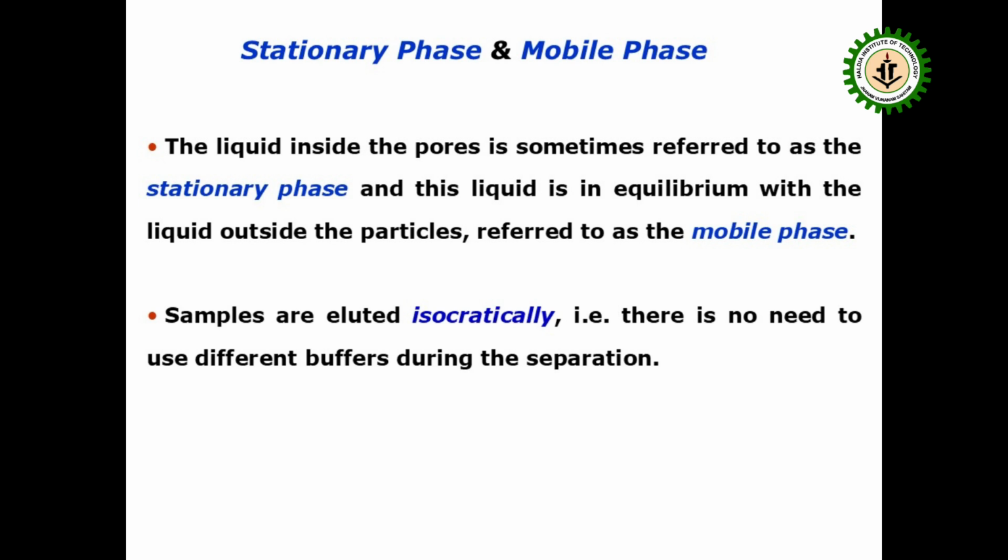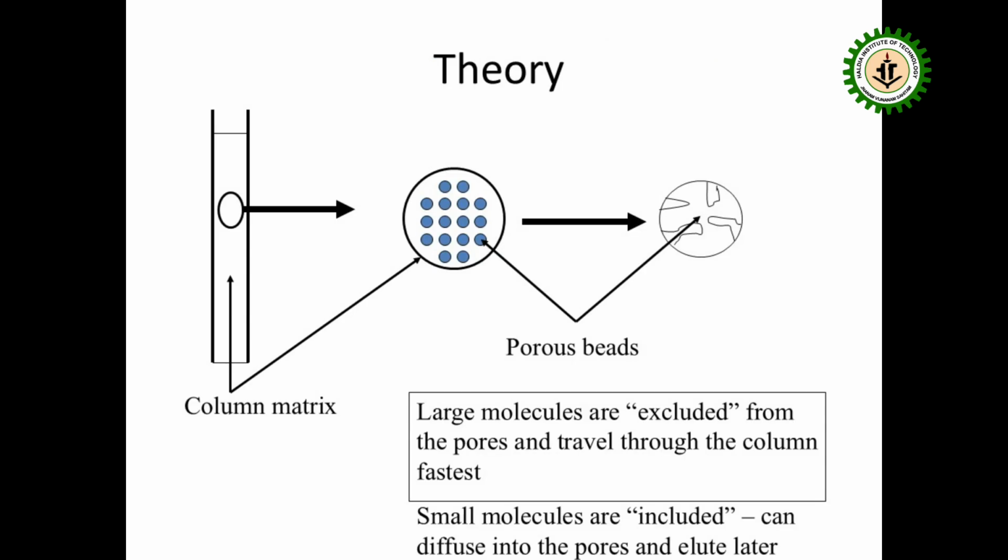The liquid inside the pores is sometimes referred to as the stationary phase, and this liquid is in equilibrium with the liquid inside and outside the particles, referred to as the mobile phase. Samples are eluted isocratically, that is, there is no need to use different buffers during the separation.